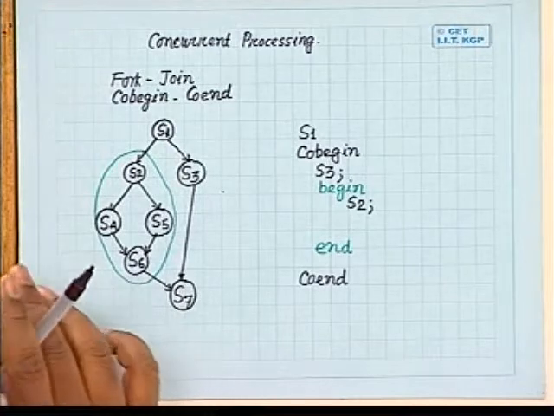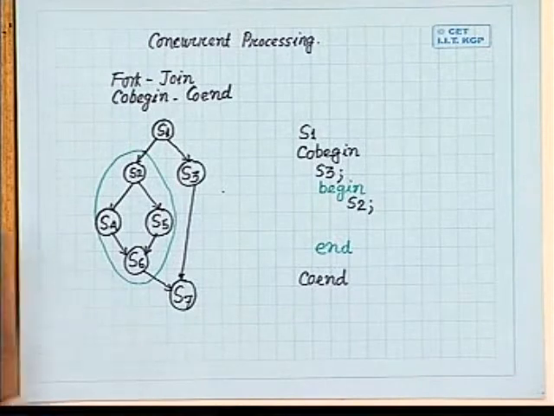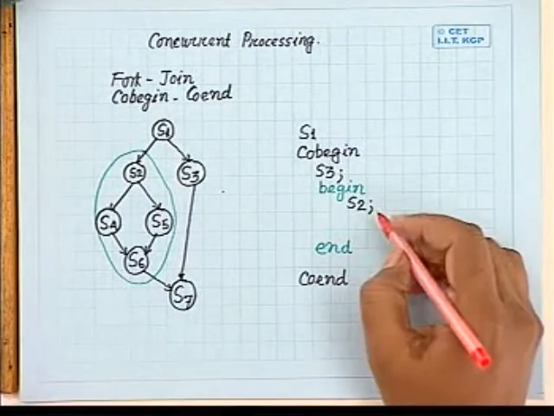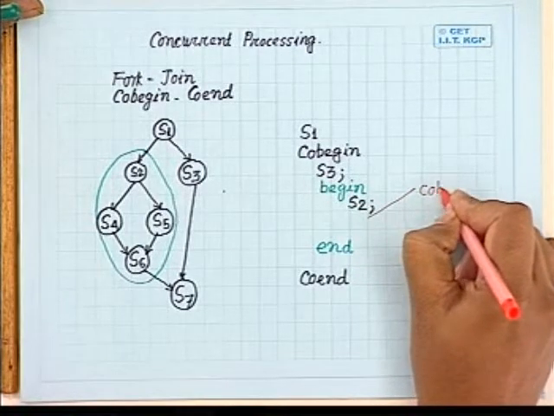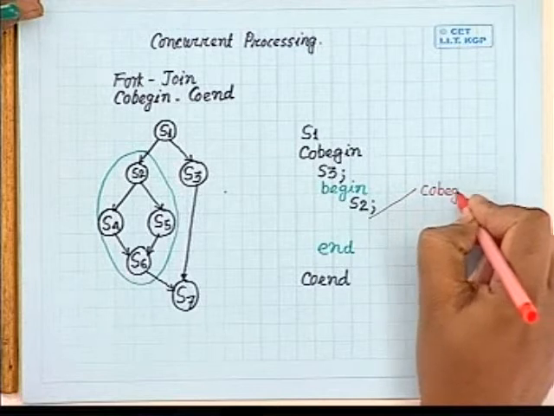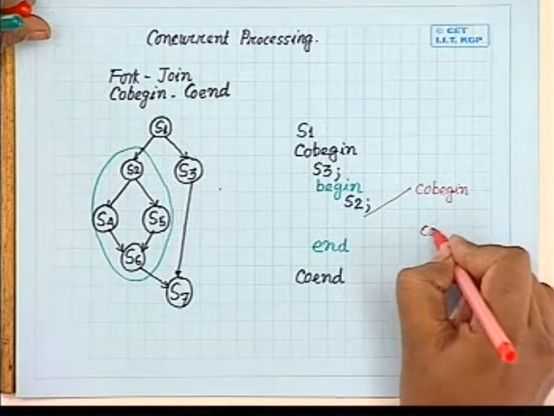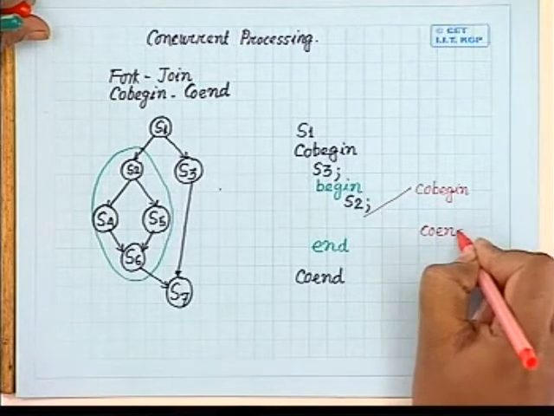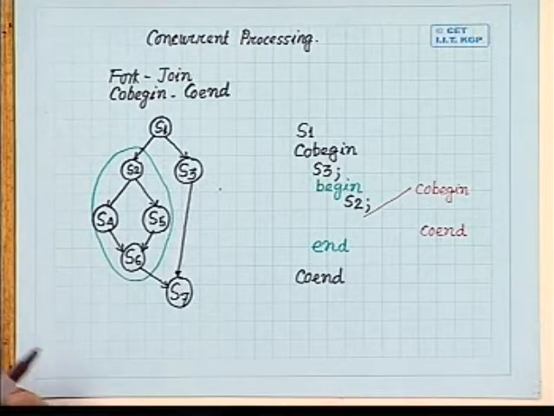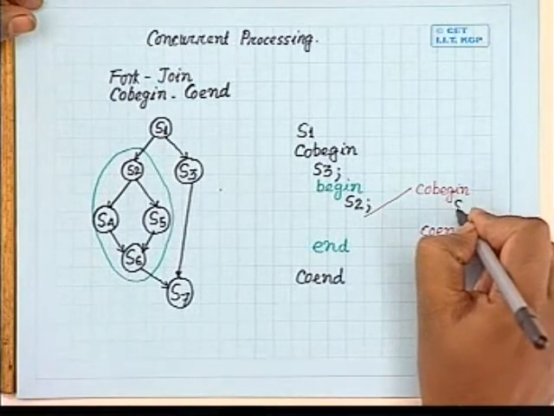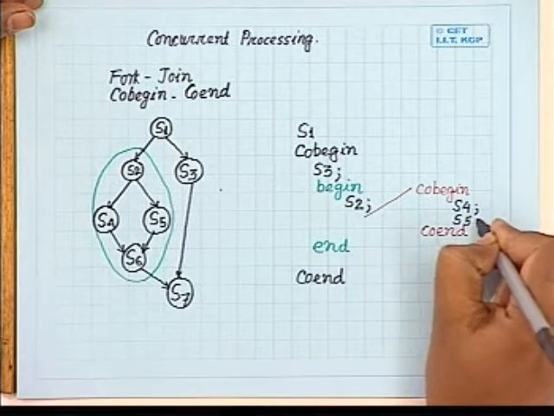So I have another co-begin co-end construct, and under this co-begin co-end I have two statements, S4 and S5.